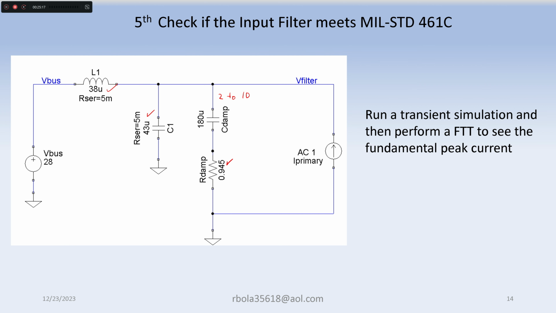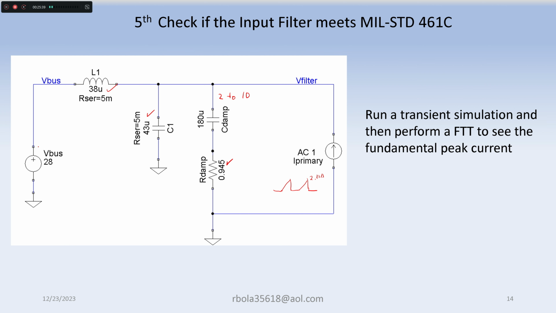So now I can do a transient, and remember this waveform is the waveform that we made that looks something like this, and I had a peak of 2.4.